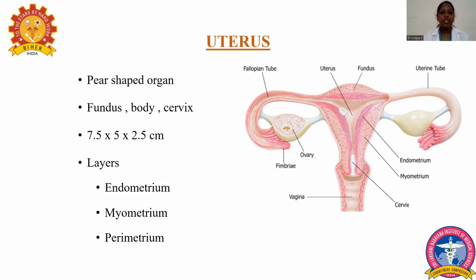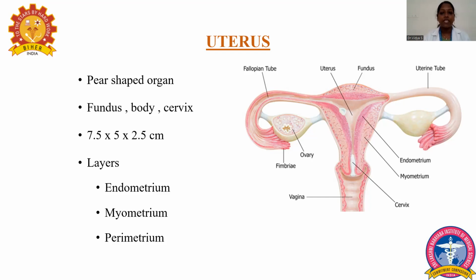The layers of the uterus consist of three layers: endometrium, myometrium, and perimetrium. Metrium means uterus, endo means inner. So the inner lining of the uterine cavity, we call the endometrium. The middle layer, we call the myometrium, which consists of smooth muscles.